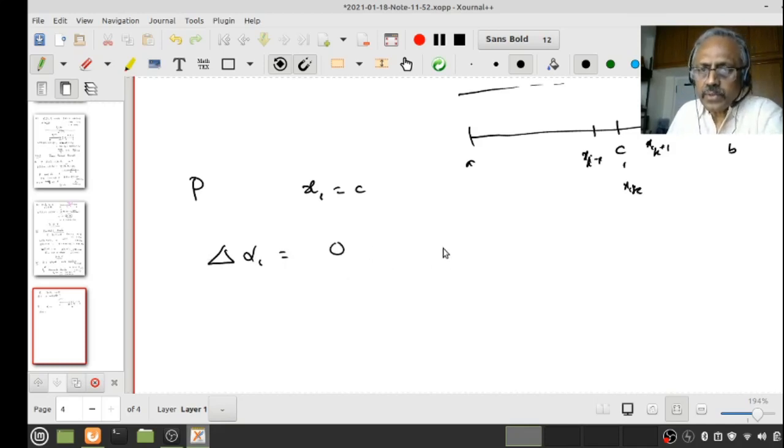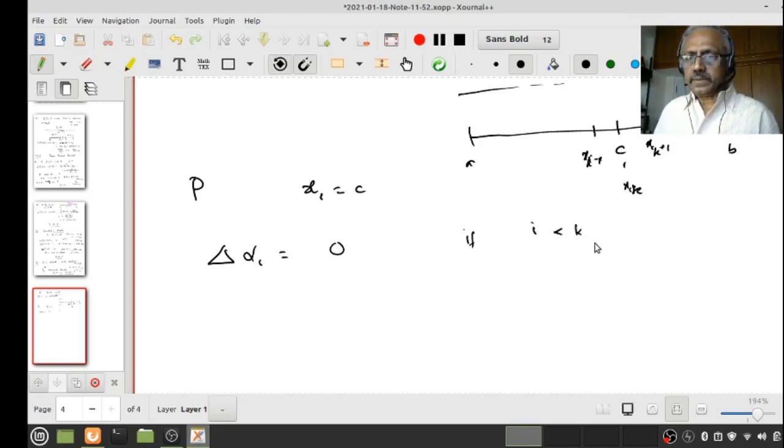What will be delta alpha i? Delta alpha i will always be 0 if i is less than k. Now I take x(i minus 1), xi, with i less than k.